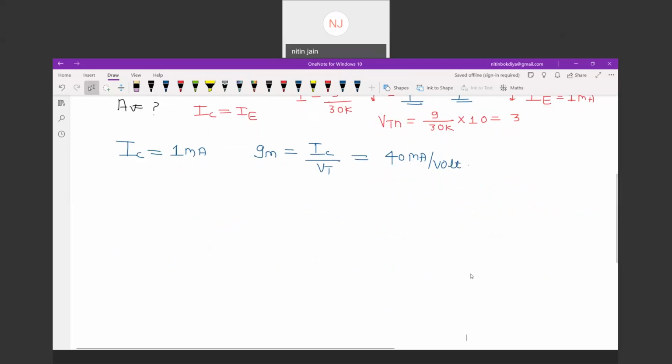Let's say, now the AC equivalent of this transistor, है ना. Let's start with the AC equivalent of this transistor.